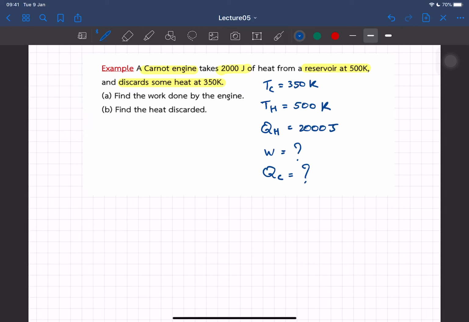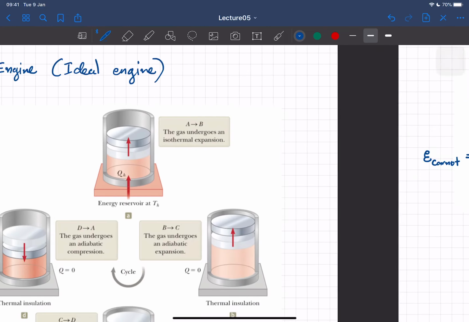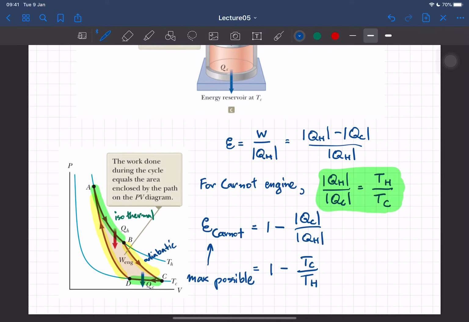But a Carnot engine, that word makes all the difference. So a Carnot engine means that our efficiency can be calculated just from the temperature. Okay. So again, E Carnot is 1 minus T cold over T hot, right? So I'm just going back here and using this formula.